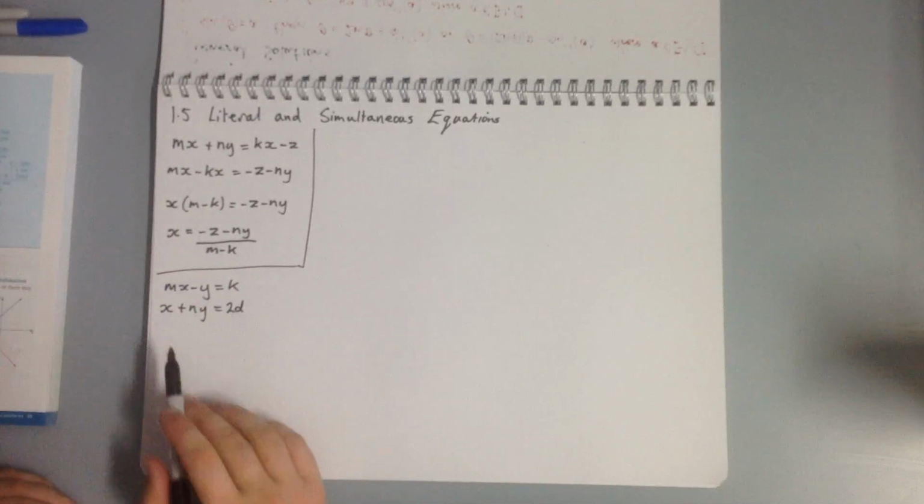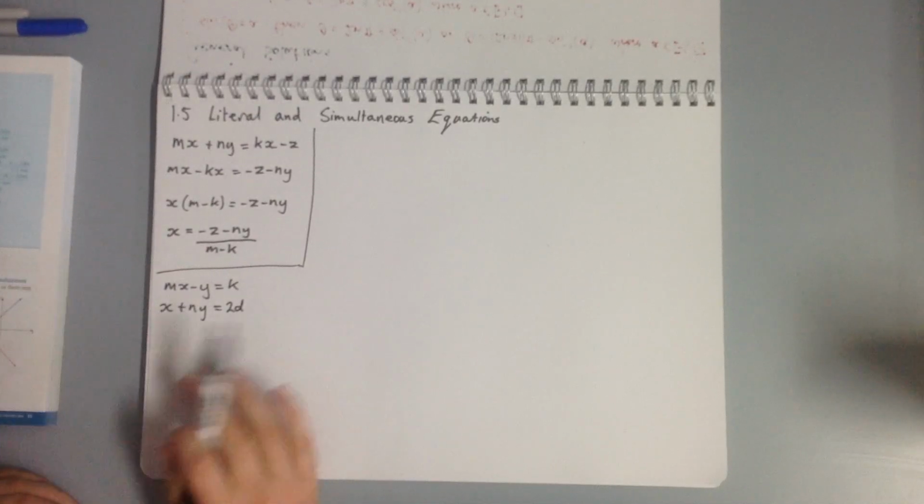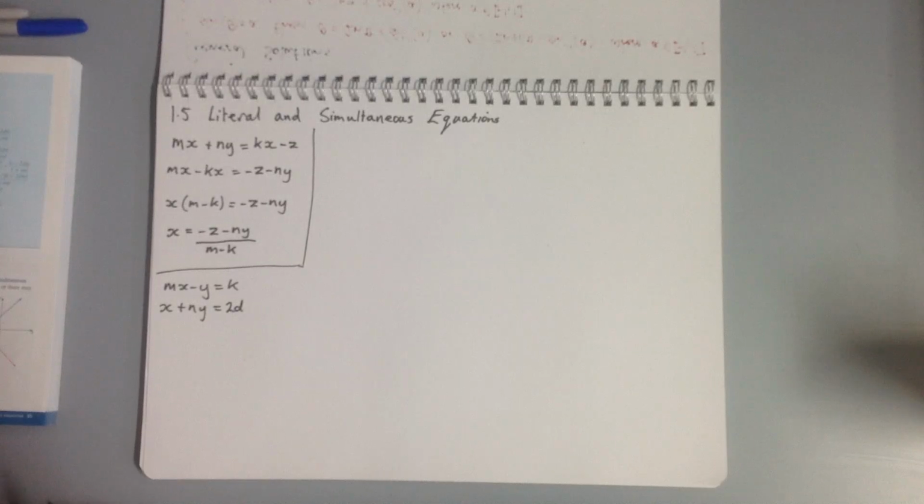We need to solve this for x and y. Remember we've got multiple ways of solving simultaneous equations. We can do substitution or elimination. It doesn't really matter which way you go as long as you're doing the maths correctly. The textbook, in worked example 15, uses elimination, so we might go for substitution instead and see how we turn out.